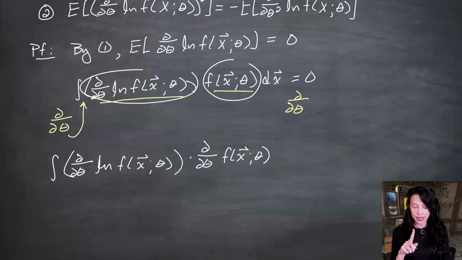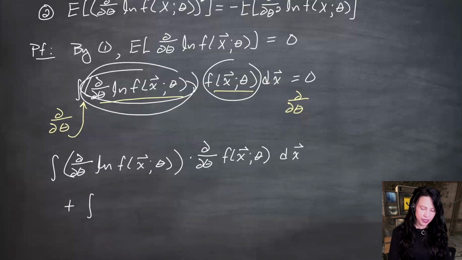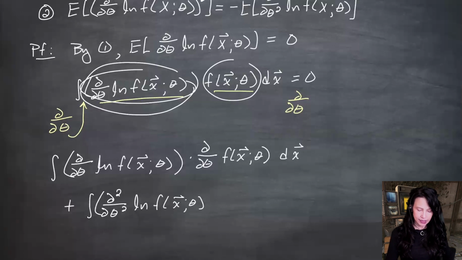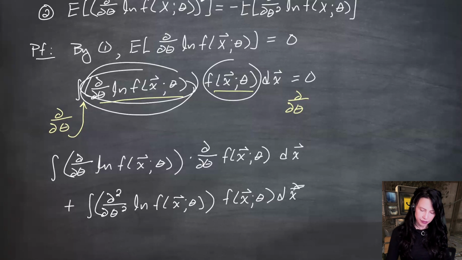I am going to go ahead and run the integral across this thing. So let me close this one out. And I'll get plus the integral of the derivative of this, which is the second derivative, of log f of x and theta, times the PDF. Again, this is just a product rule derivative, and the right-hand side is 0.